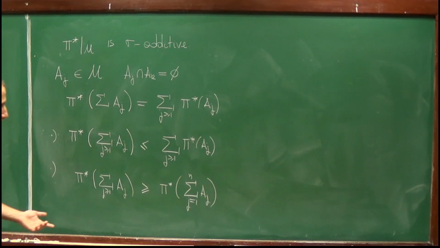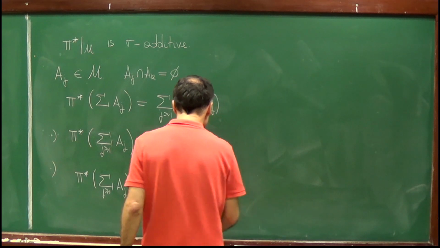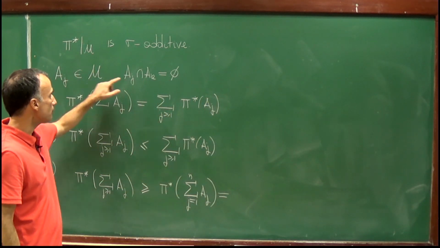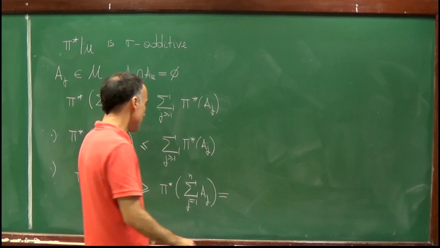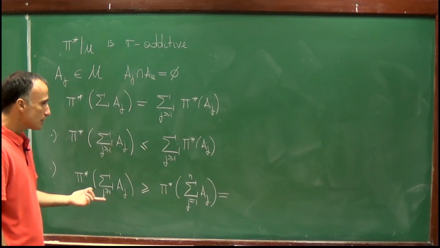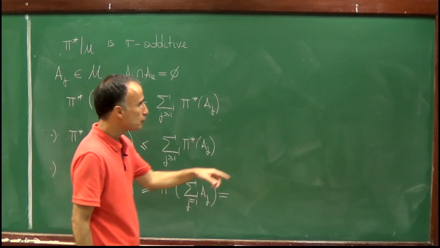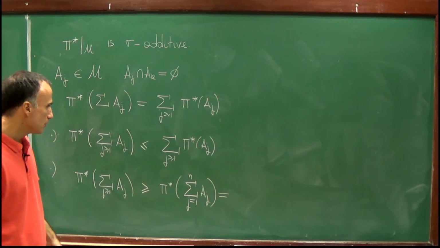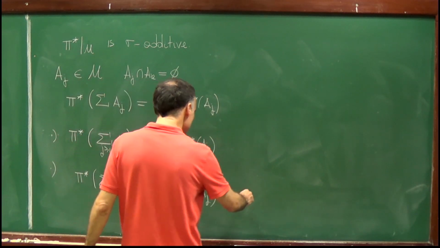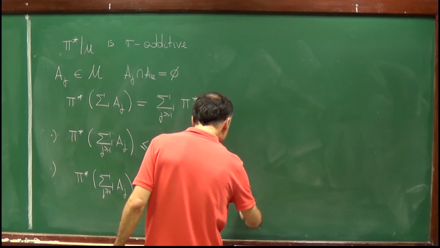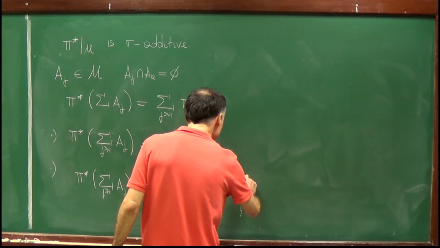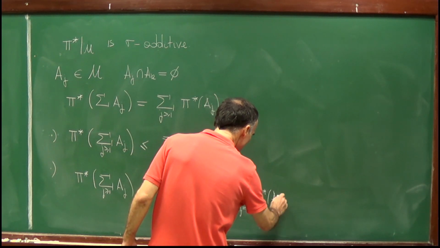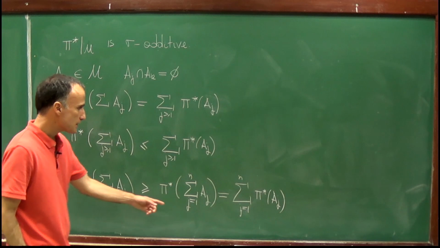Now I claim that for P star of this union, since these sets Aj all belong to M and are disjoint 2 by 2, by just repeating the argument of the claim which I proved on this blackboard 2 minutes ago, we have this identity.